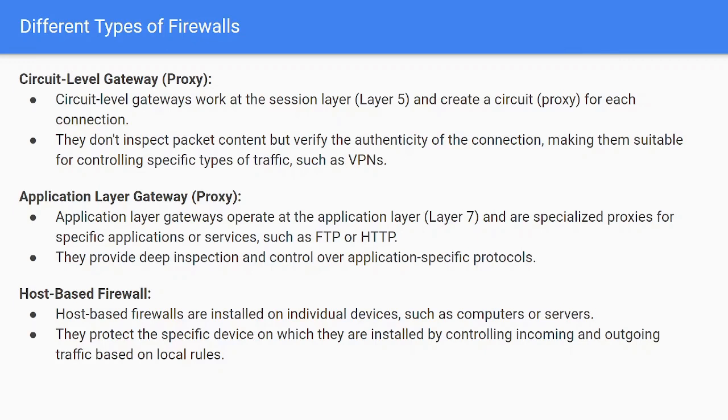Now, we have been talking about firewalls that sit between the organization's network and the internet, but a host-based firewall sits on a particular device, such as a computer, a laptop, or a desktop. So apart from the firewall that covers the network, this particular laptop has its own firewall.